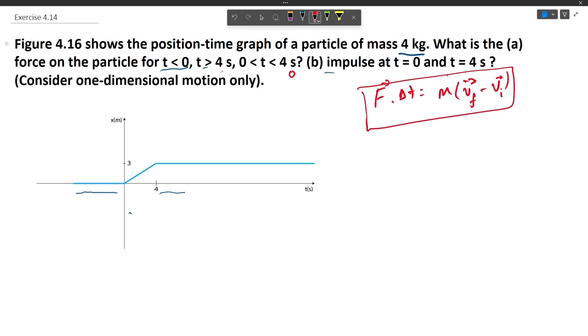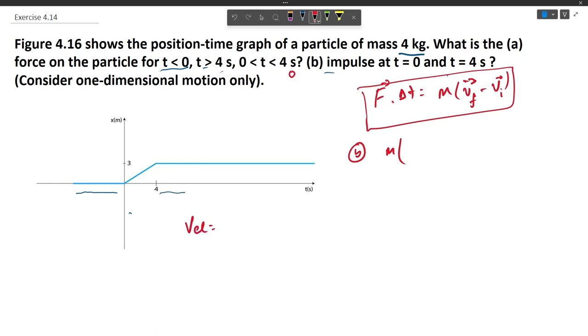Now in the second part we have to calculate impulse at time t equals 0. Using this formula we can calculate impulse, that is mass times final velocity. The velocity of the particle can be calculated as the distance divided by time interval.